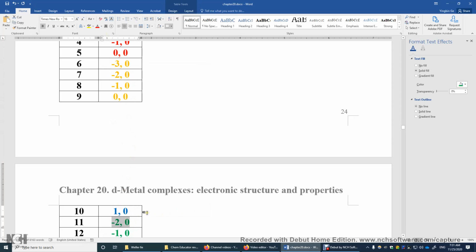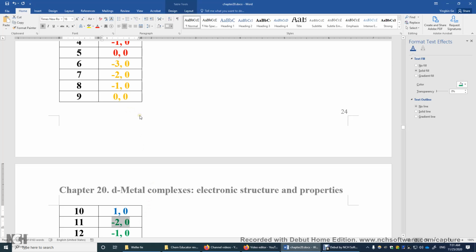It doesn't matter. Again, this table just provides you a convenient tool to determine the atomic terms. But individually, this negative 2, 0, this negative 2, 0, they do not tell you any information about the actual wave functions. So that's why.